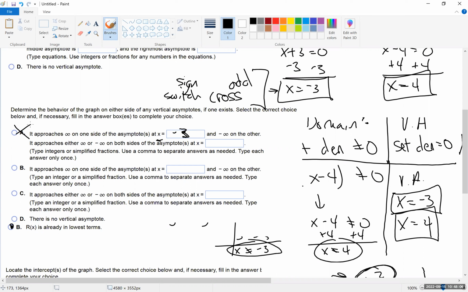We have two of them though. Determine the behavior of the graph on either side of the vertical asymptote. Well, one is infinity and then the other side is negative infinity. Do we just put them both here and select A? Yeah, it wants both.